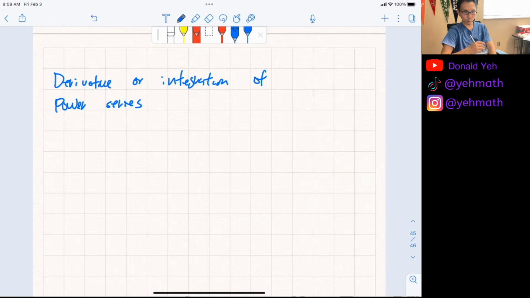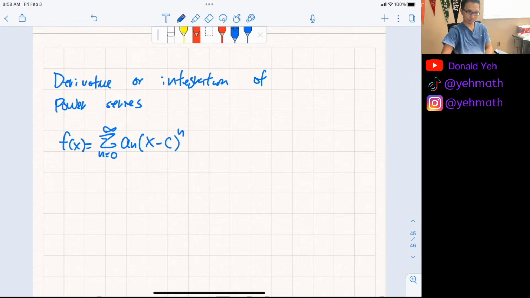Okay, so what do I mean? What is a power series? Supposedly there was a function. It's always represented by this power series: the sum from n equal to 0 to infinity of a n times x minus c to the n.